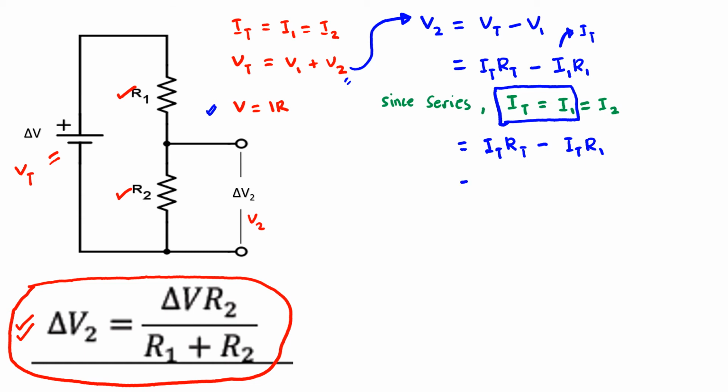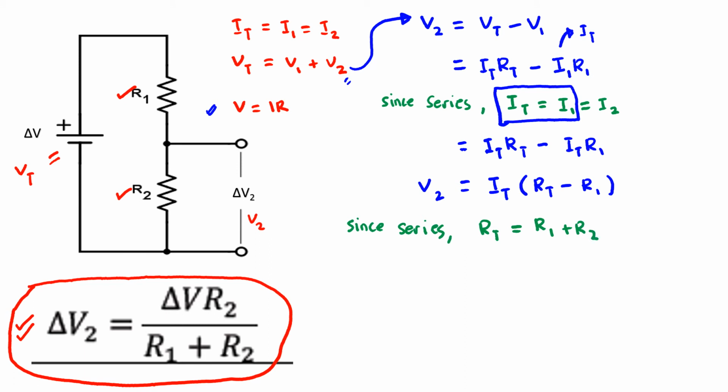I could then rewrite this equation by factoring out IT, so that I have IT times RT minus R1. Again, this is equal to V2. Since R1 and R2 are connected in series, RT, or the equivalent resistance, is equal to R1 plus R2.